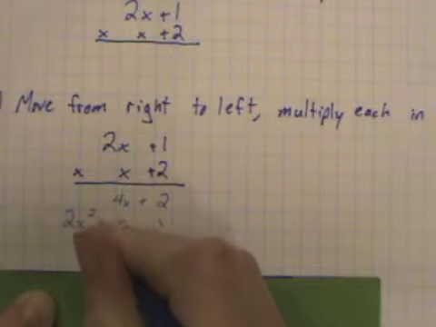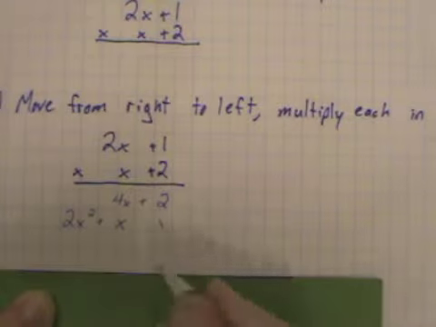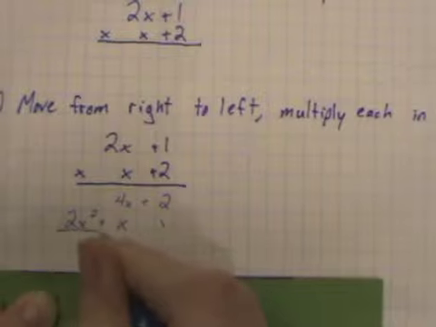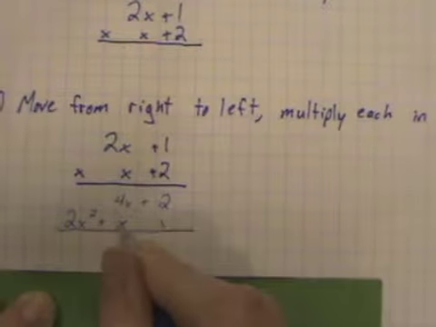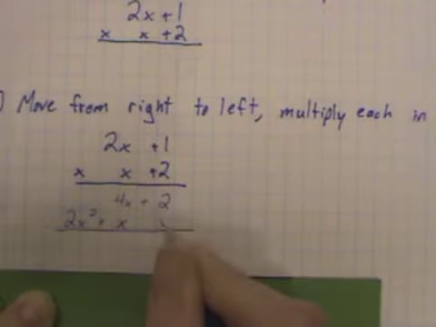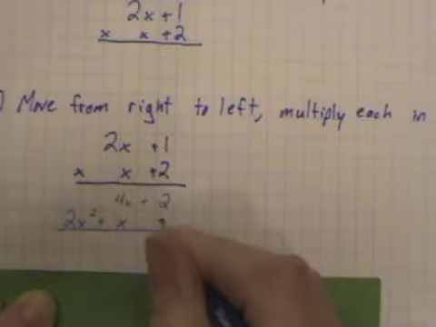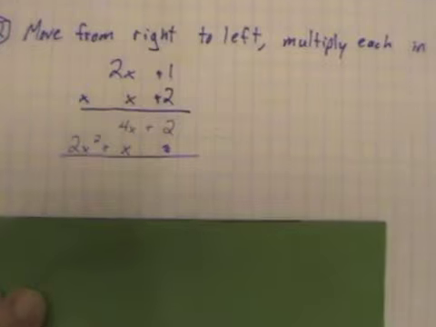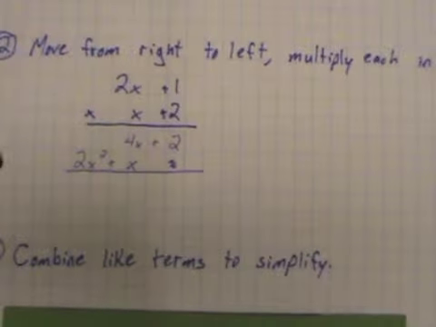Now, the reason I put this x here and not here is because of step 3, which is combine like terms to simplify.